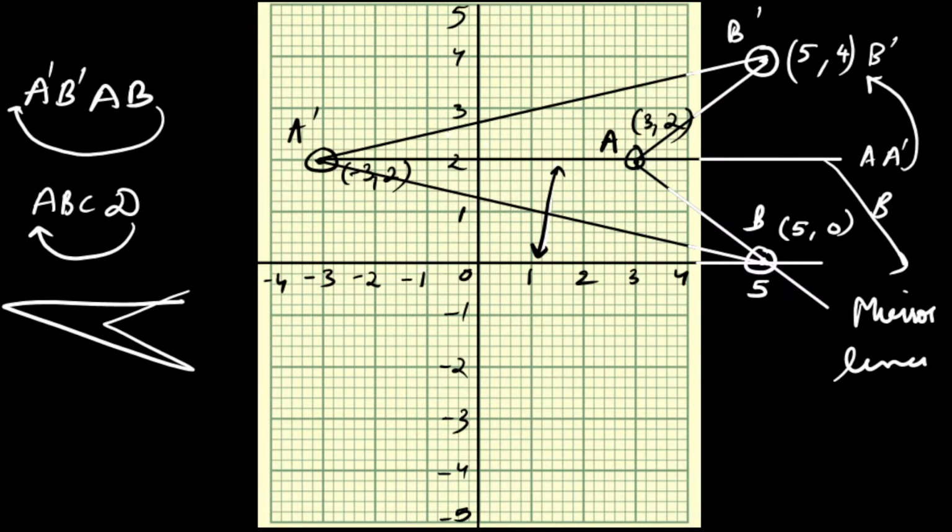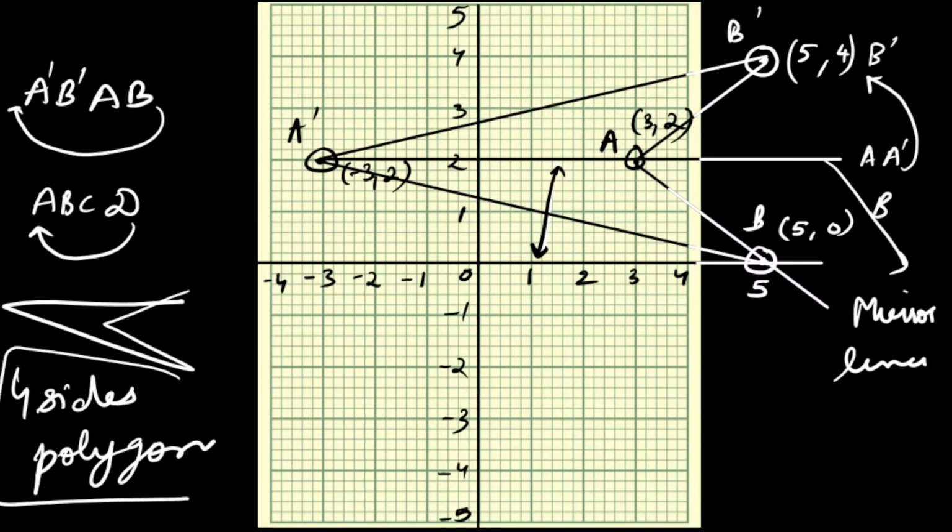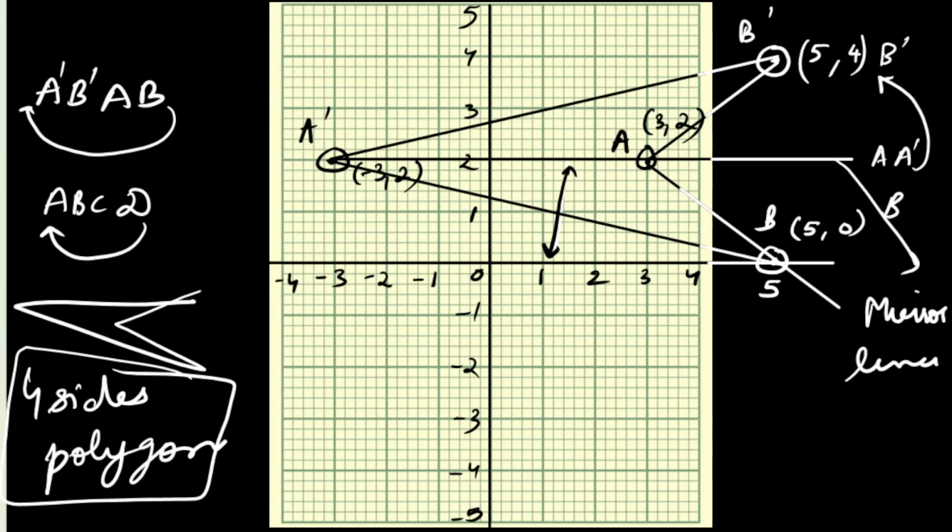It's 4 only. The sides are A dash B dash, A dash B, AB dash and AB. So it's 4. Yes, so you can write four-sided polygon. Both ways you can mention it, but the best way is to write the geometrical name, like four-sided polygon.